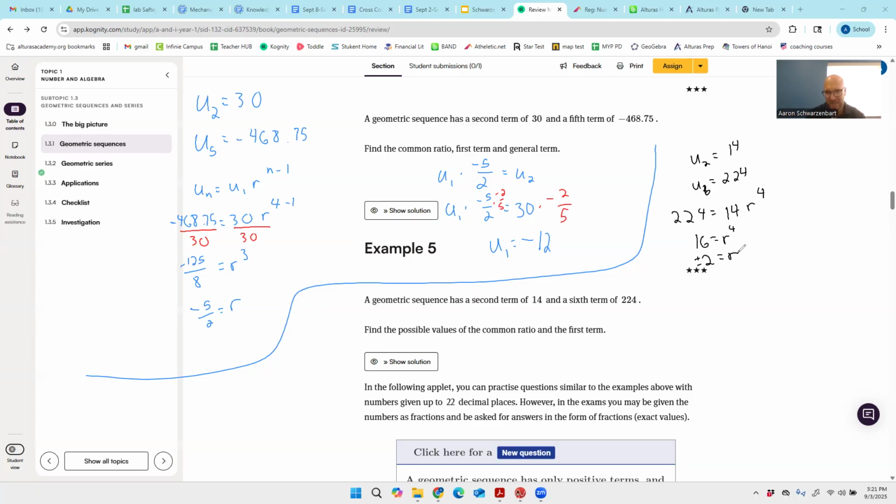Now, again, I know U1 times 2 equals 14, which is U2, or U1 times negative 2 equals 14. So U1 either equals positive or negative 7. Yes, there are two options depending on what that common ratio is.